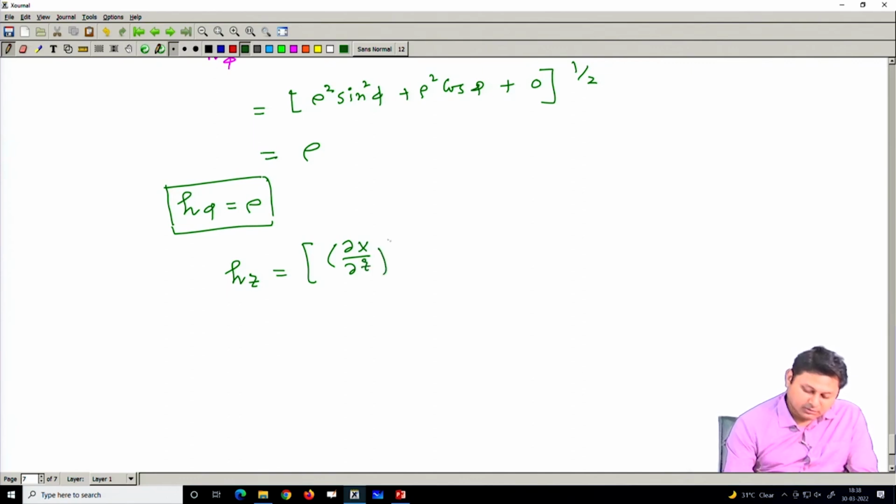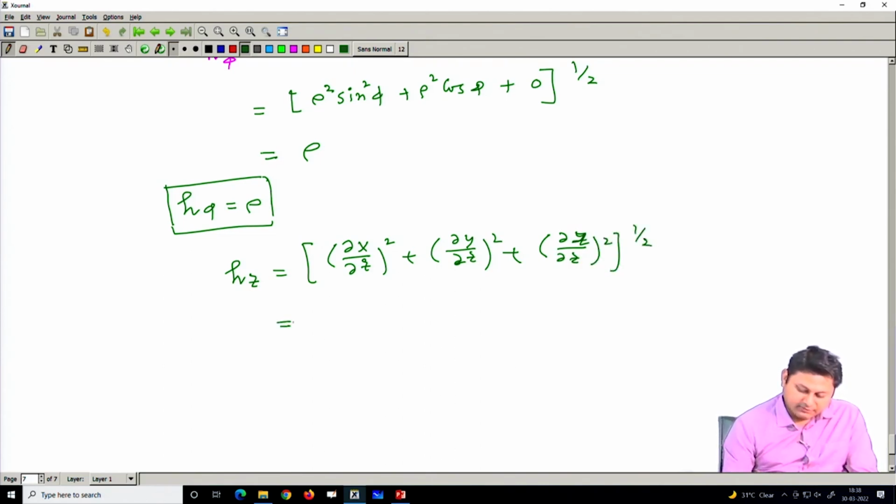It is z square, whole to the power half. So, this value is 0, this value is 0, and this value is 1, whole to the power half. So, you will get simply 1.